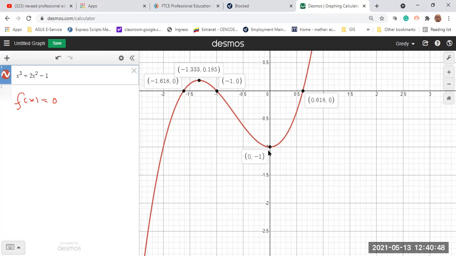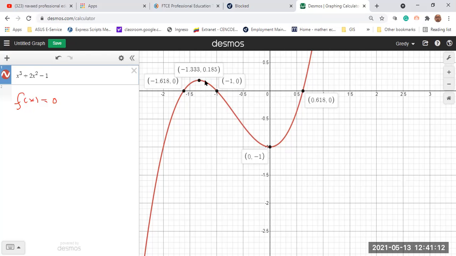Here x is 0, right? And here x is minus 1.33. Of course, that is the value of y, the second one. If you check the values, here y is 0, then y is 0.18, and then y is 0 again.